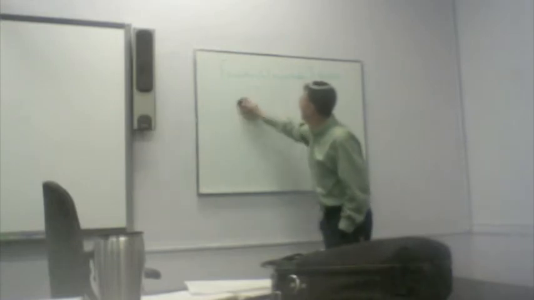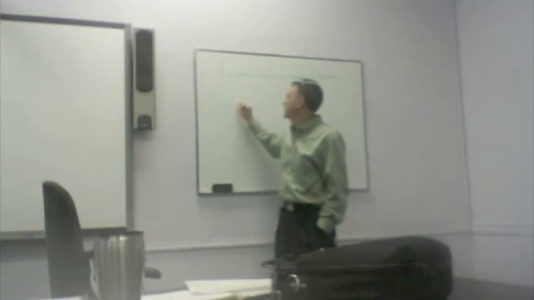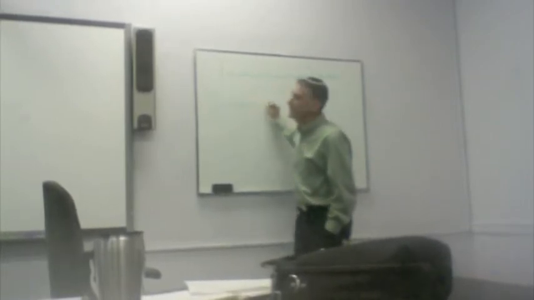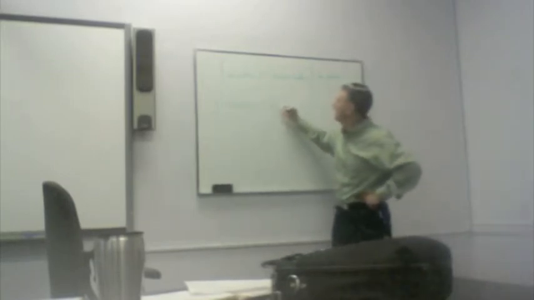And similarly, the integral of cosecant x dx is the negative ln of absolute value of cosecant x plus cotangent x, plus c.